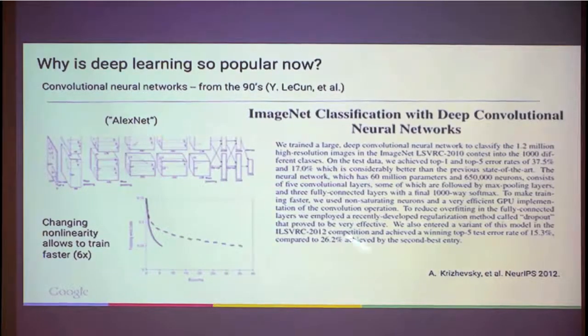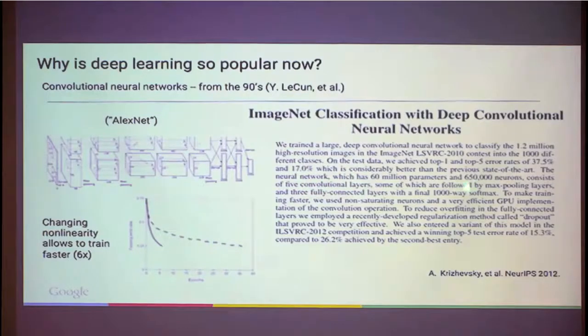So this was the breakthrough AlexNet result, and I took the abstract of the paper that had this breakthrough result just to give you a sense of the scale of the problem. This is the network that was classifying 1.2 million images. The data set here is referred to as ImageNet. There are 1,000 different classes. The network is huge.